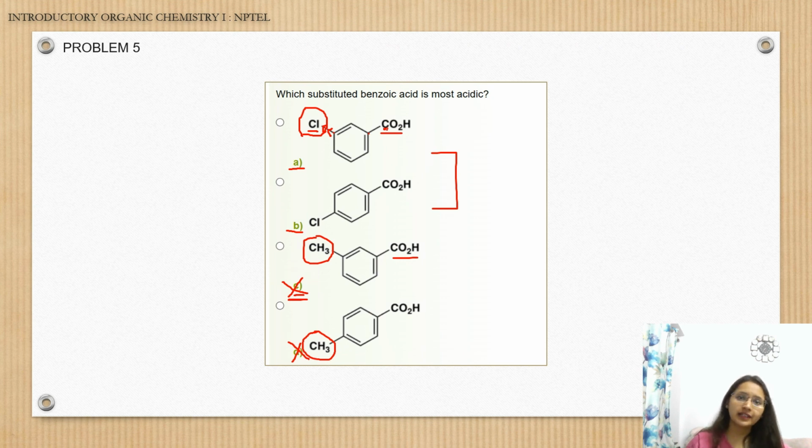So the correct option will be option A, because the most acidic benzoic acid is the one with chlorine at the meta position, not at the para position, since the inductive effect is distance dependent. If the distance between the substituents increases, the inductive effect decreases. So option A is the correct one.